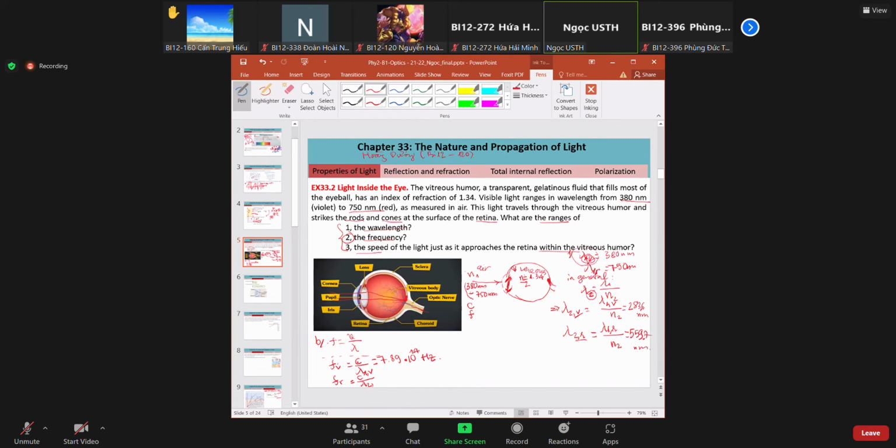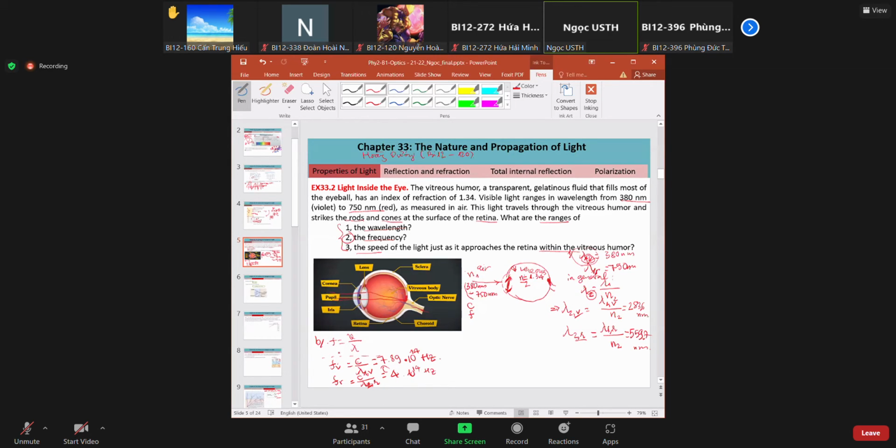Because C and V should be the properties of the light in the same medium. Here C is in air, so it should be the wavelength in the air too. Lambda 1 red. It is equal to 4 times 10 to the power of 14 hertz. That's right. So the range of the frequency should be from this to that. Okay. Yes. It's good.